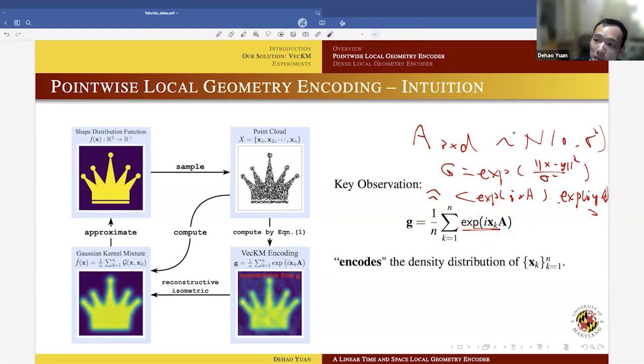It is actually inspired from a paper called Vector Function Architecture from Paxson Freddy and from Berkeley. You can check the details offline, but the major intuition here is the Gaussian kernel can be approximated by the inner product between the two vectors. And that's the motivation why we use this exponential i matching.